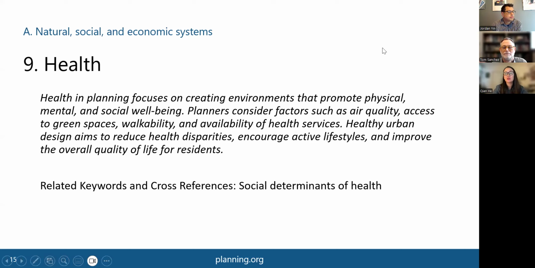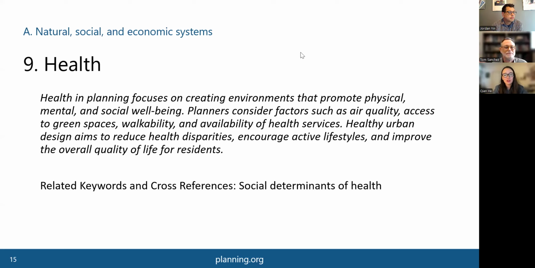Planners consider factors such as environmental hazards and conditions, for example air quality, as well as infrastructure and built environment factors such as access to green space, recreational walkability, and the availability of health services.